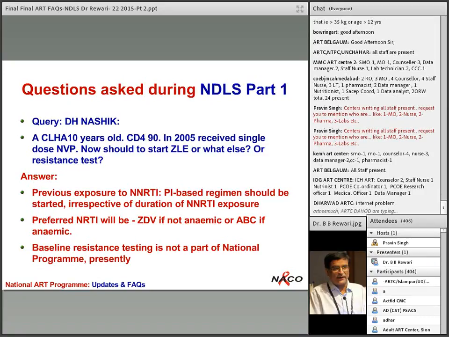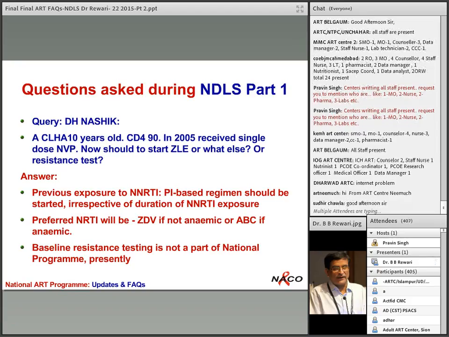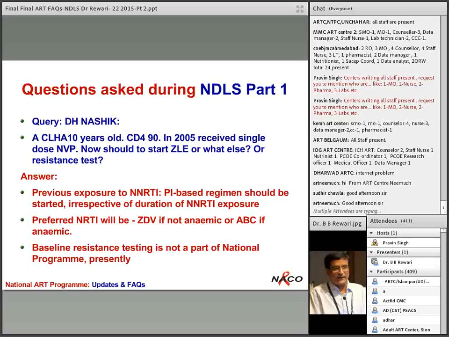There are certain research studies available, and WHO guidelines also say that depending on whether the nevirapine exposure was less than 6 months or more than that, we can consider nevirapine. But for simplicity of the guideline in the field, the TRG decision of NACO was that any exposure to nevirapine, irrespective of duration, children should be started on a PI based regimen.